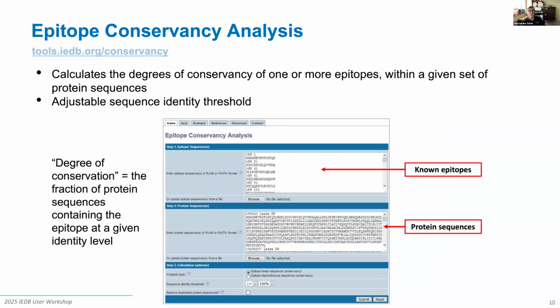And so here the tool works by asking you to enter your sequence of interest, in the sense of the epitopes you want to calculate the degree of conservation for. And this can be done with an adjustable sequence identity threshold.